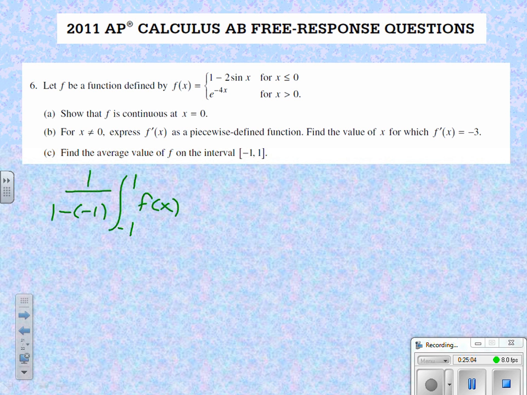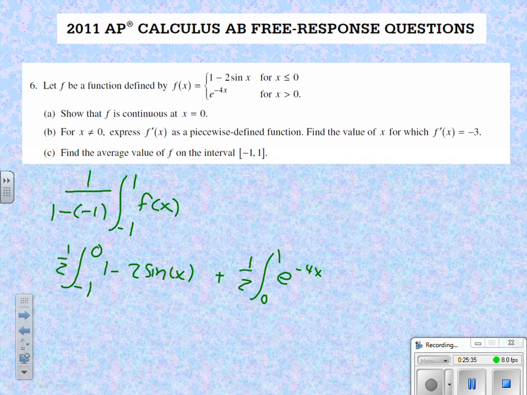Well, it's one function with two pieces, right? So what I really have to do is take half of the integral from -1 to 0 of 1 minus 2 sine x, and to that I have to add 1/2 of the integral from 0 to 1 of e to the -4x.